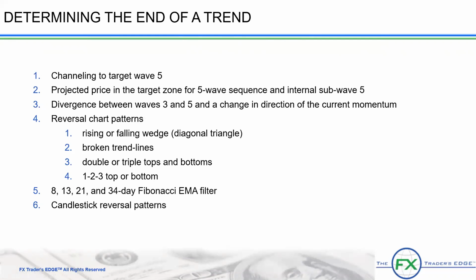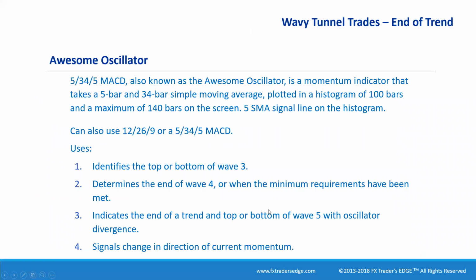We don't use the Fibonacci EMA filter for our system. We use the wavy tunnel system, but that was an introduction to understand how the markets unfold in a trend, and they stretch away from the moving averages, and then they correct. We also discussed candlestick reversal patterns, which we're going to further discuss today.